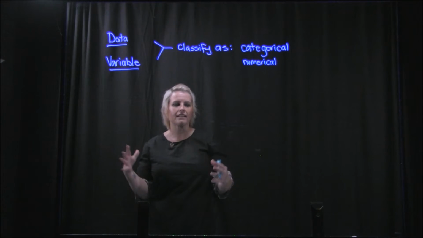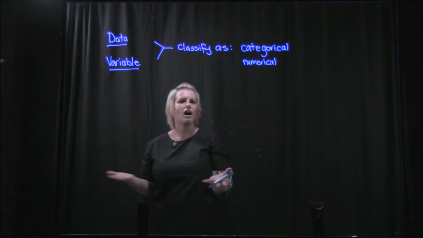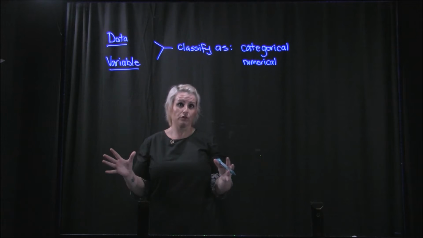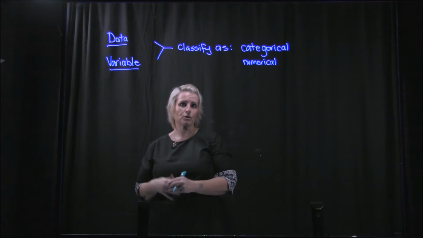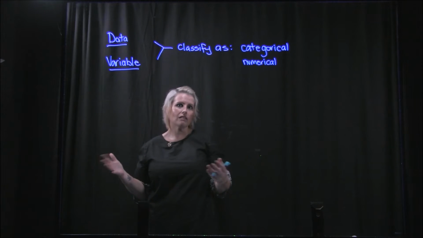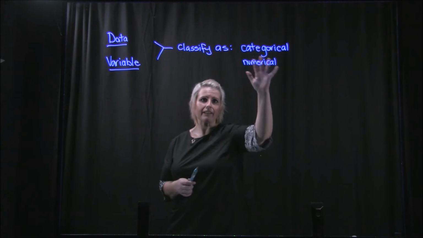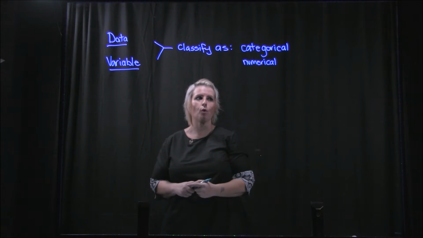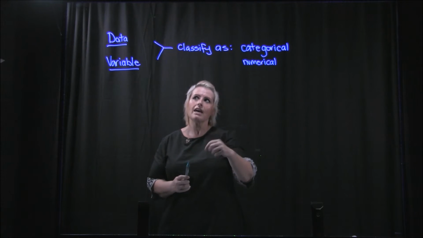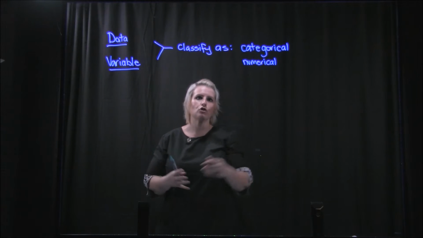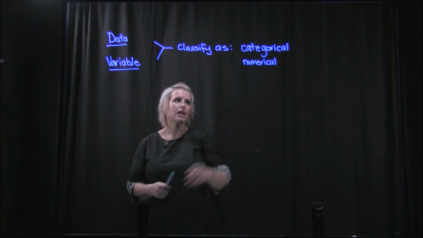When you can't actually count something, if you're looking at the colours of cars, the makes, the models, those sorts of things. If you're looking at the most popular coloured socks that students wear, that's a category. It's not something that you can actually measure. You can just see how many there are.